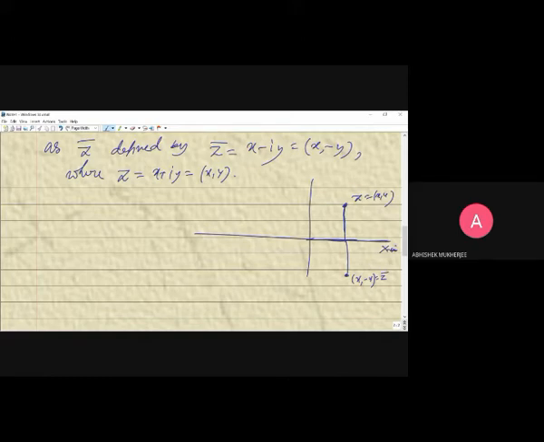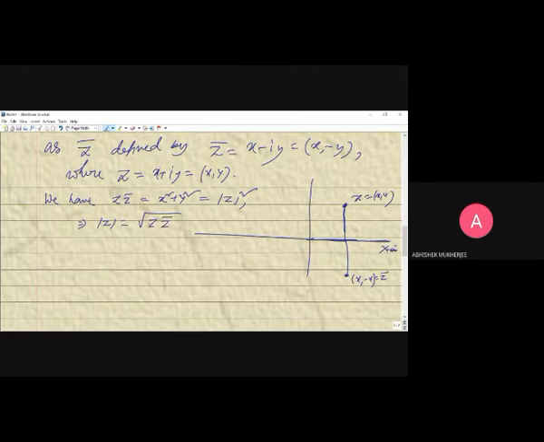And with the help of this definition, we have z times z bar, it will be x squared plus y squared. That means it is mod z squared. So that is, mod z is root over z z bar.